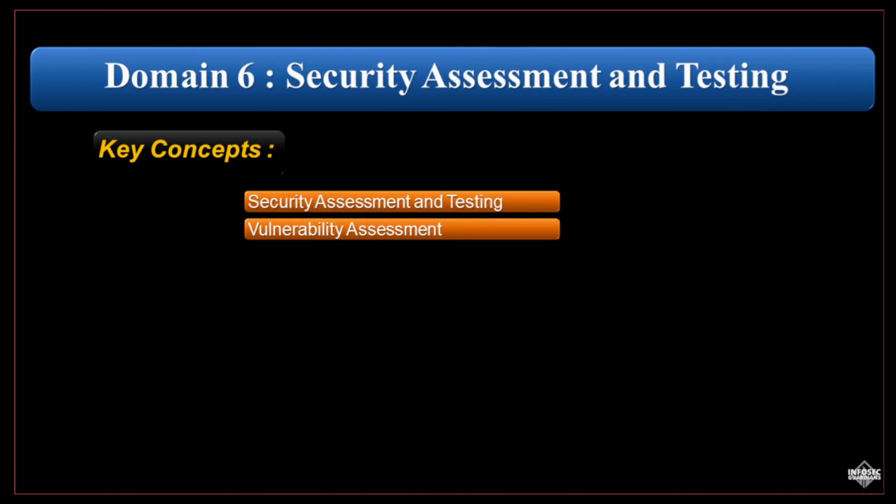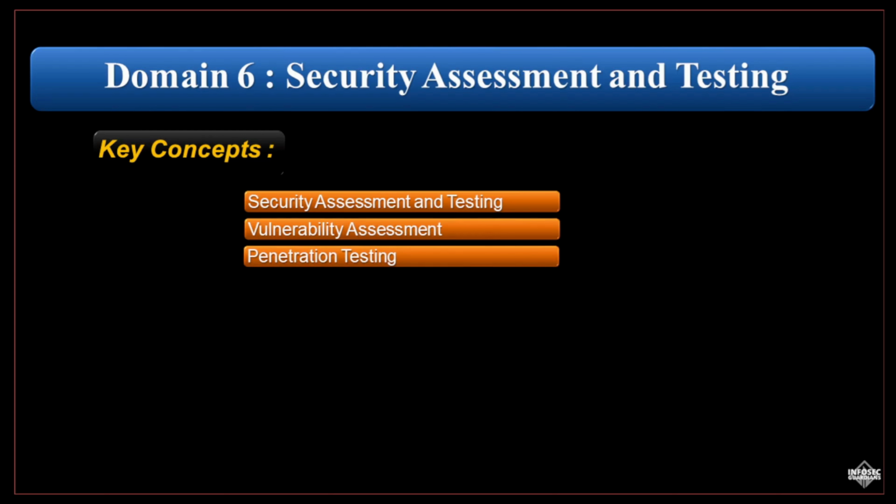Vulnerability assessment. Vulnerability assessment is the systematic process of identifying, classifying, and prioritizing vulnerabilities in a system or environment. It helps organizations understand their exposure to potential threats and aids in prioritizing risk mitigation efforts.